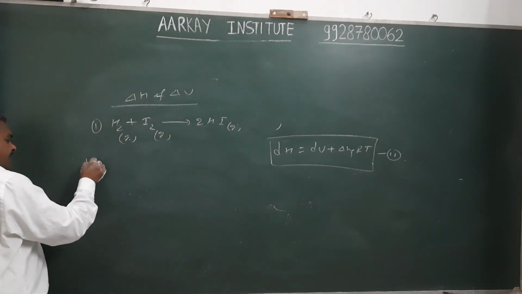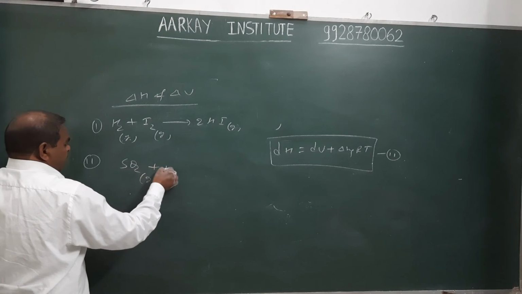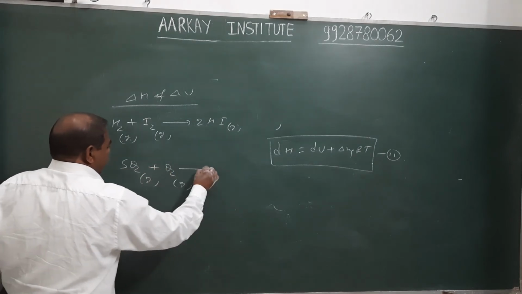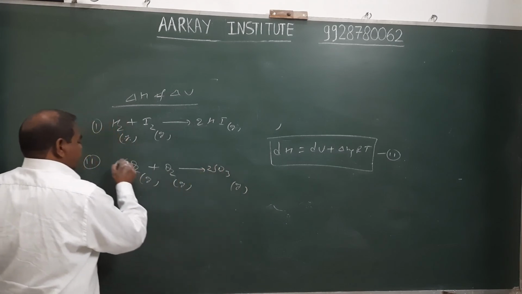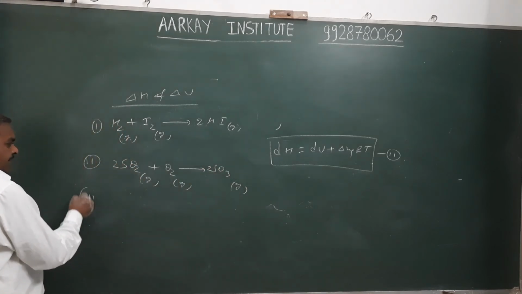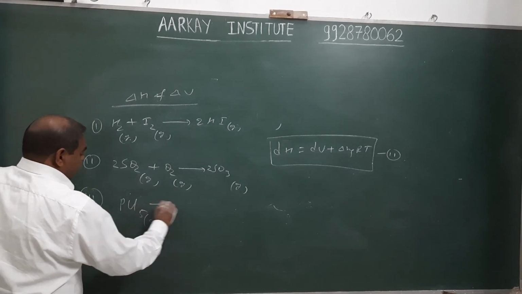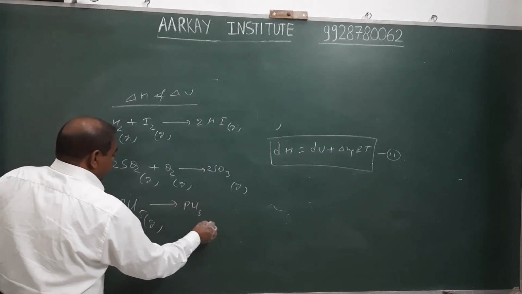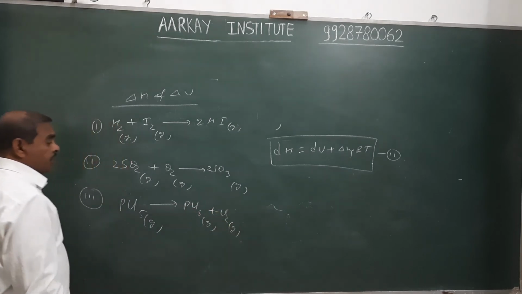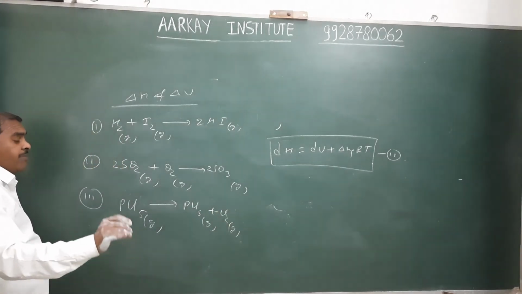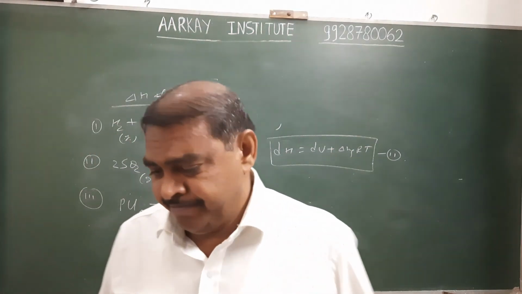Second: SO2 gas plus O2 gas gives SO3 gas, make balance. And third: PCl5 gas gives PCl3 gas and chlorine gas. All reactions occur at constant P and T. If nothing is mentioned, then we take chemical reactions at constant P and T.